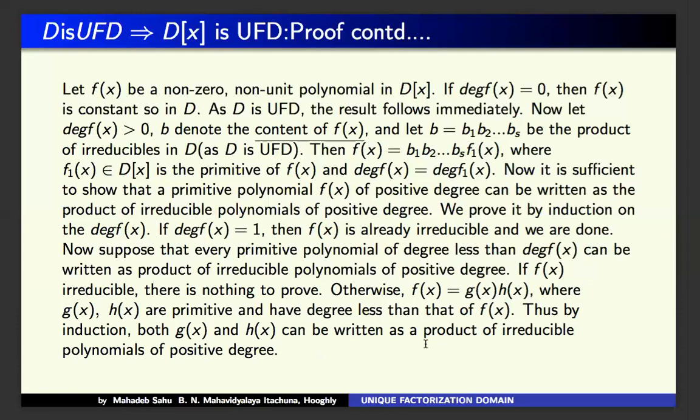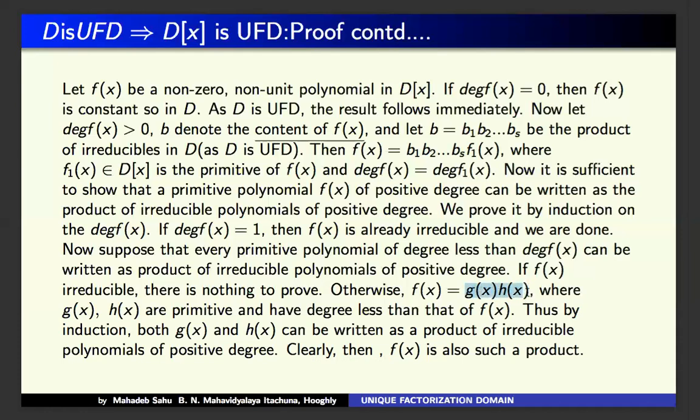Product of irreducible polynomials of positive degree. Clearly then f(x) is also such a product, because g(x) can be written as a product of irreducible polynomials, and h(x) is also a product of irreducible polynomials.